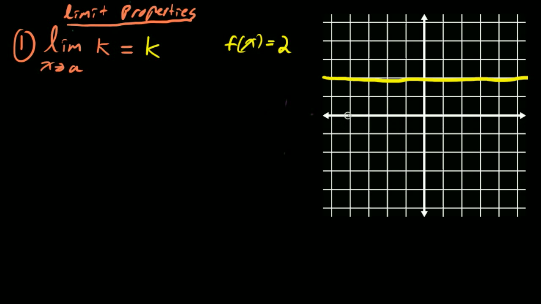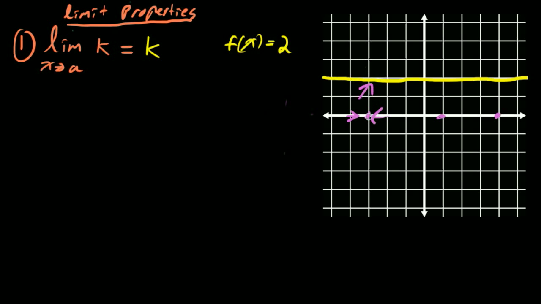So if we chose any x value and got infinitesimally close to whatever point we chose, f of x is always going to be approaching the same thing. It's always going to be equal to the same thing.